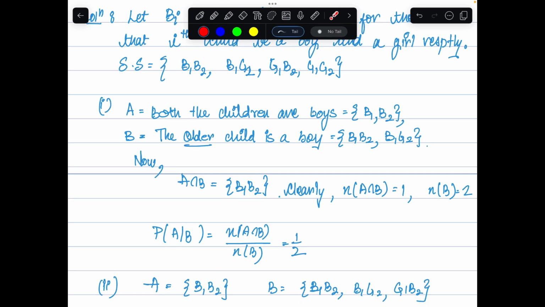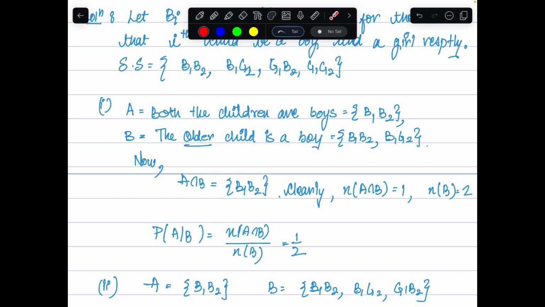Okay? So I need to find that what is the probability of occurrence of both the children to be boy given that the older one is a boy. Okay, so both the children are boy is what? B1, B2. It's not comma. There is no comma here. It's B1, B2. One second. And the older child is a boy.